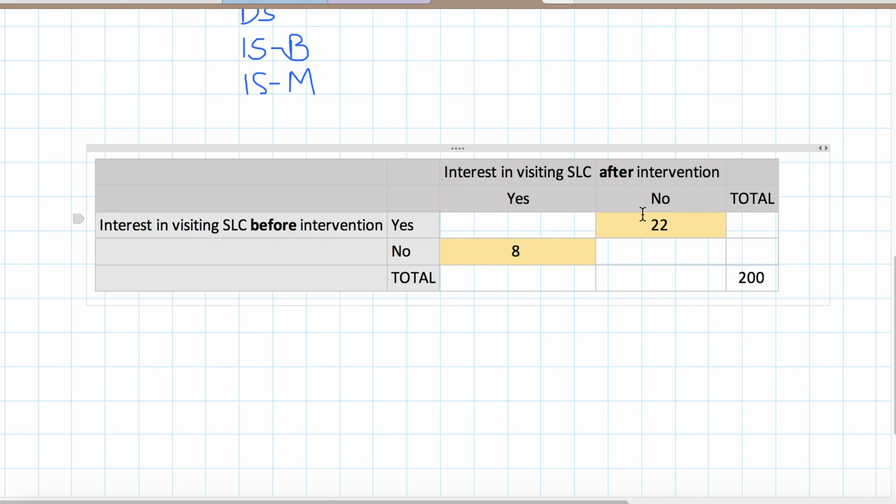It's this difference that we're interested in observing, these people who had a change of heart. These are the only two cells that end up getting added to the equation.